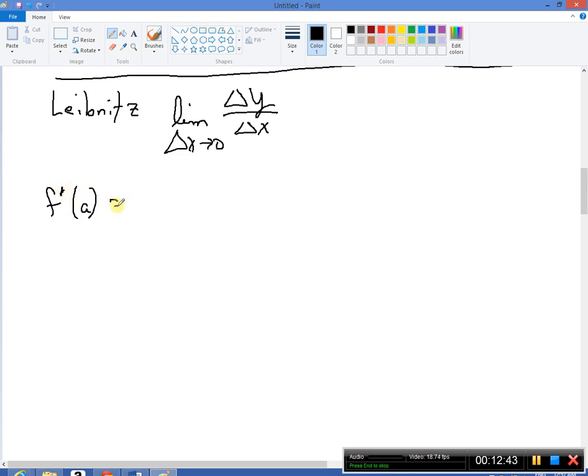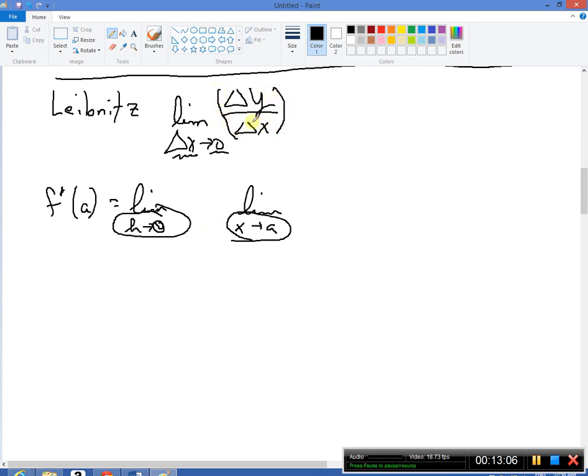It's always a limit as h goes to 0, or a limit as x goes to a. But in either case, whether it's x getting close to a or h getting close to 0, it's a delta x that's getting smaller and smaller. So if you're looking at the difference quotient and letting that delta x go to 0, this is another way of thinking of the derivative.